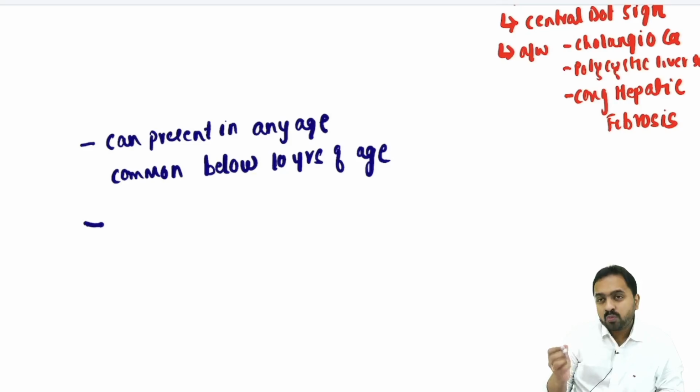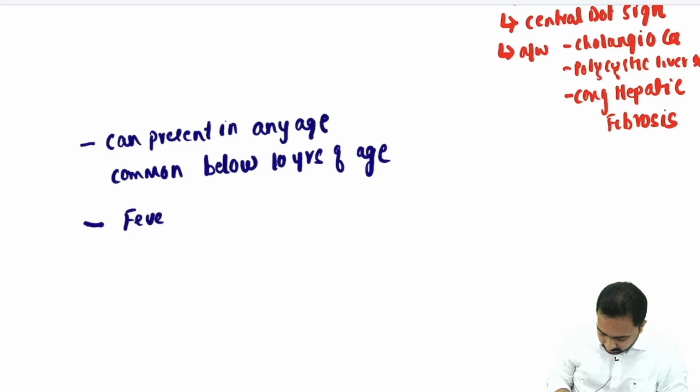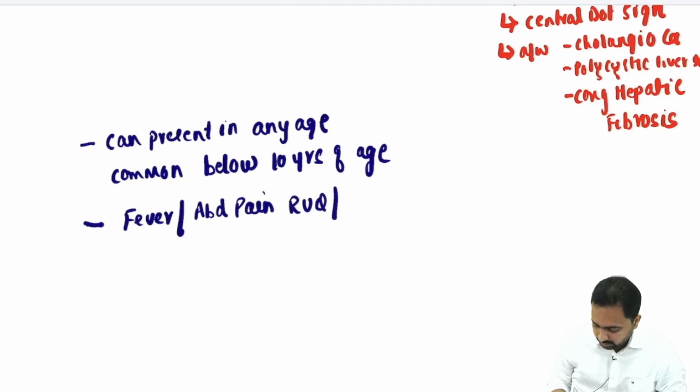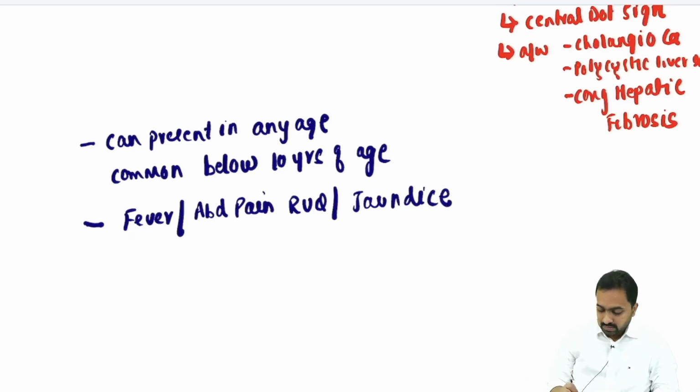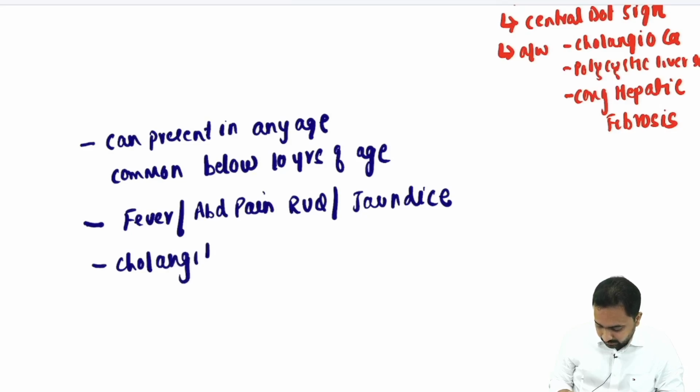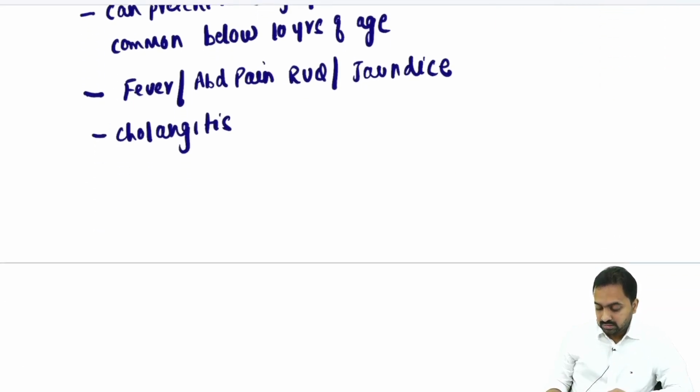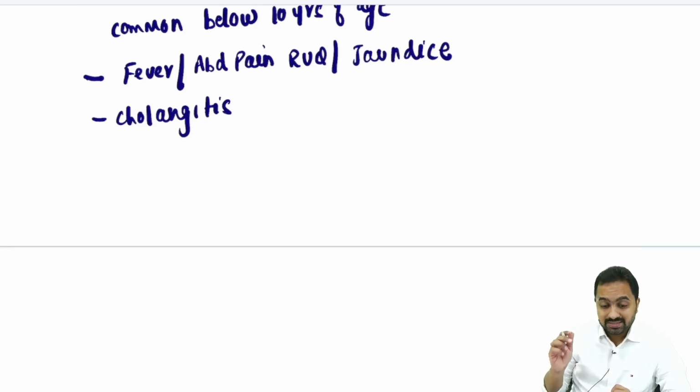Then what will be the clinical presentation of such a patient? They may present with fever, abdominal pain in the right upper quadrant, jaundice, right? It may also present with cholangitis.